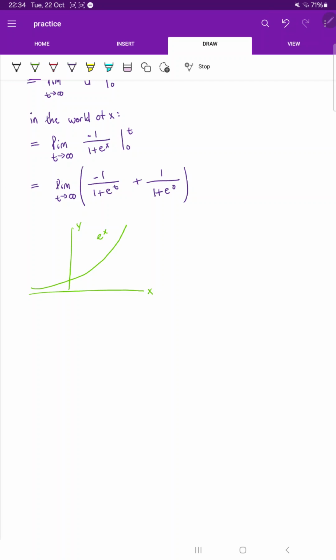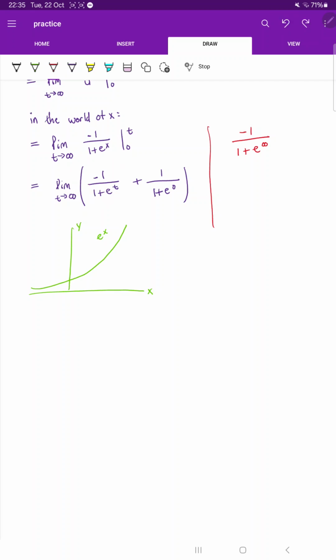Now if I take this limit, that means I sub in infinity for t. Now what actually happens here? Okay, let's go on to the side and see what happens here. Here it's minus 1 over 1 plus e to the infinity. That's basically what this term is.